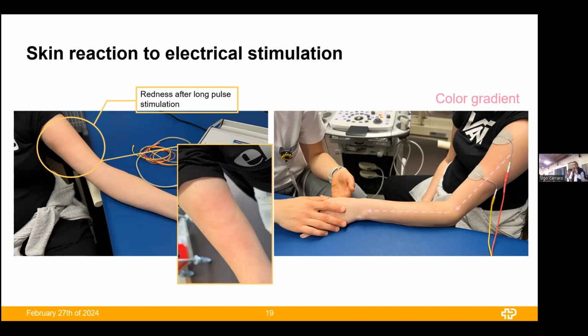And we found it quite striking to see this color gradient on the arm. So the areas that are stimulated are very much showing redness on the skin, and the distal parts are not.